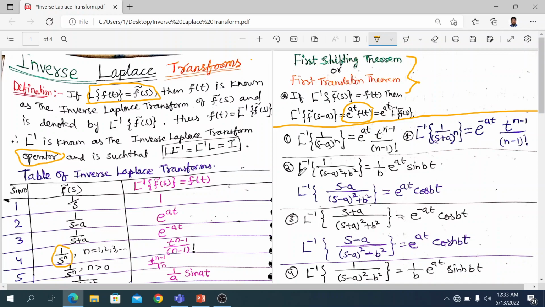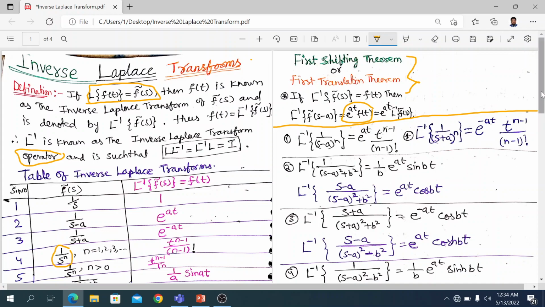Next, Laplace inverse of 1 by s minus a whole square plus b square. See here, first 1 by s square plus b square gives sin bt, and since s minus a is there, we get e power of at. So Laplace inverse of 1 by s minus a whole square plus b square is 1 by b e power of at sin bt. And Laplace inverse of s minus a by s minus a whole square plus b square is nothing but e power of at cos bt.